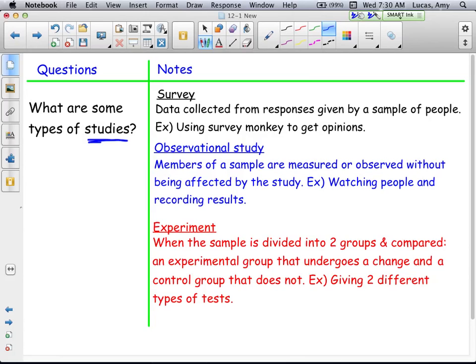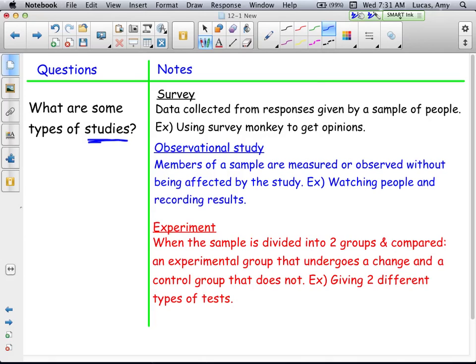Experiment is the third type of study. An experiment is when the sample is divided into 2 groups and compared. There's an experimental group that undergoes a change, and there's a control group that does not. So for example, giving 2 different types of tests. If you typically give a test that is multiple choice, but then in one class period you decide to instead give them an essay test or an open response test, and then analyze the results between the 2.